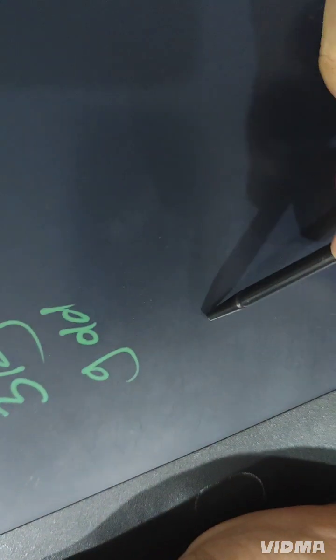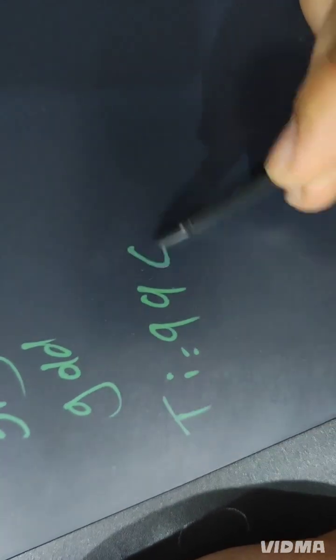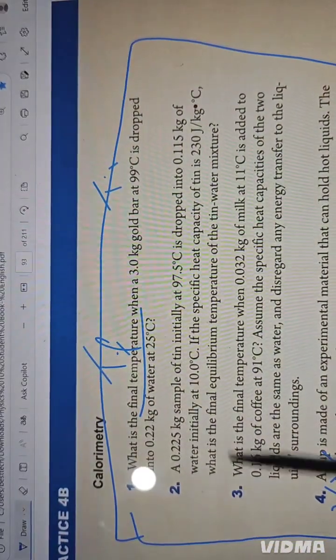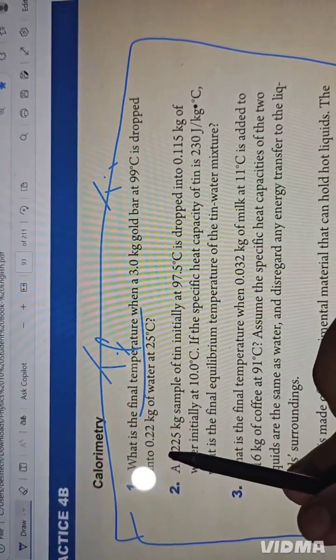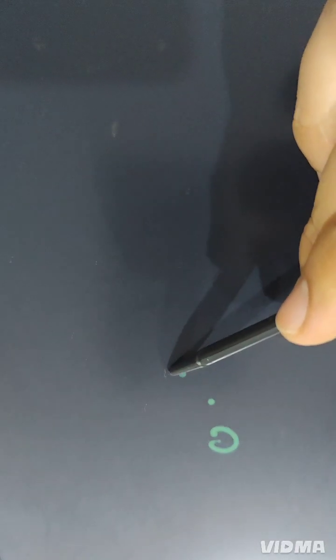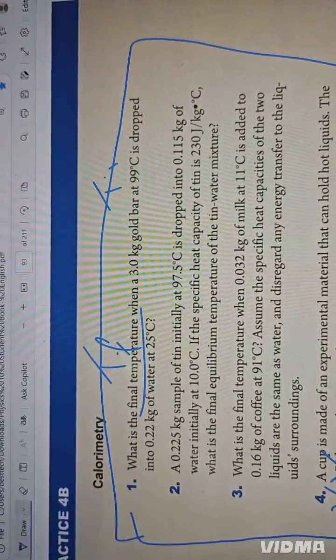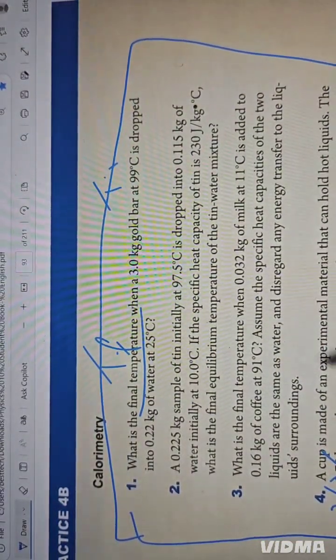So Ti becomes 99 Celsius, and it is dropped into 0.22 kilogram of water. So this is the mass of the water, 0.22 kilogram, and the temperature of the water is 25 Celsius, Ti.